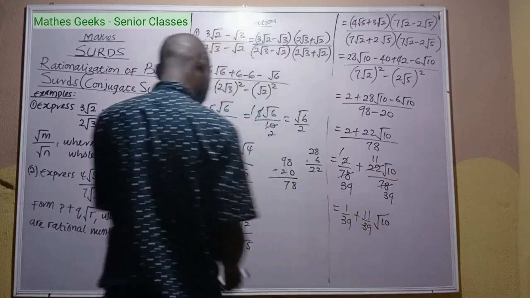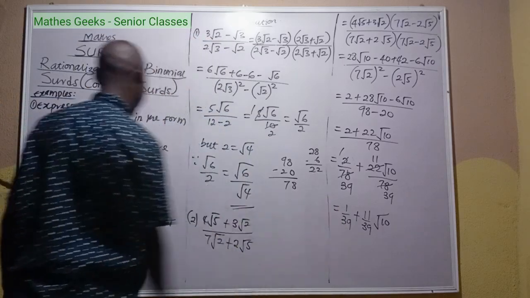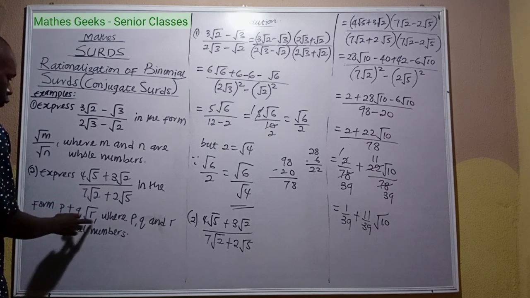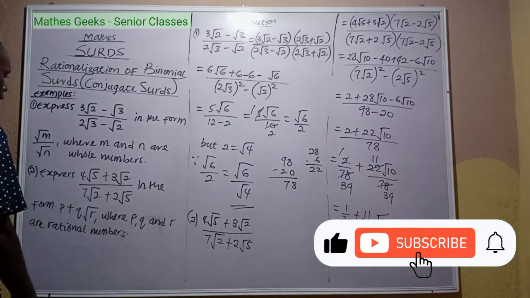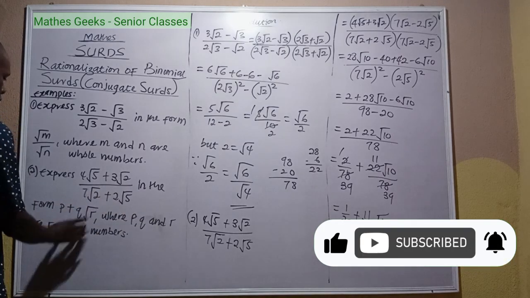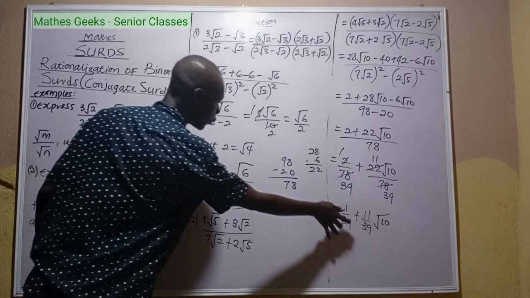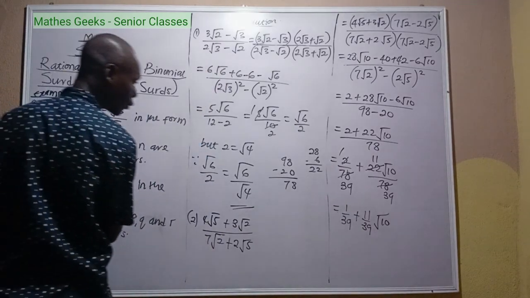We're told our answer should be in the form P plus Q root R, where P, Q, and R are rational numbers. If our answer is not in this form, it's not correct. Here we have a term with no surd, and then we have Q root 10, so our R is 10.